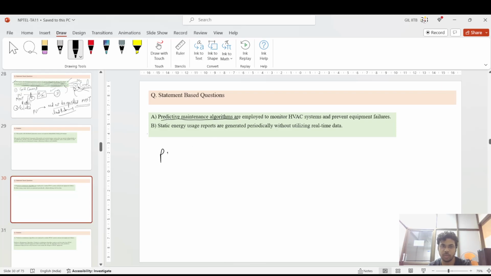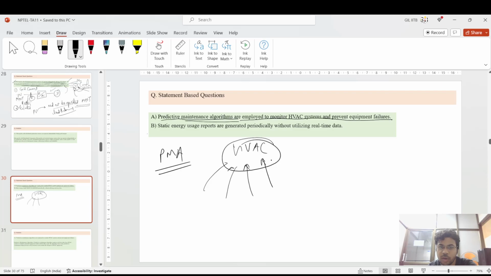The first statement says that predictive maintenance algorithm, PMA, methods are employed to monitor HVAC systems and prevent equipment failures. Actually, that is true. Why? Because the predictive maintenance algorithm takes the condition of the system. Suppose HVAC systems and other systems are there, they monitor at what particular situation they can fail.